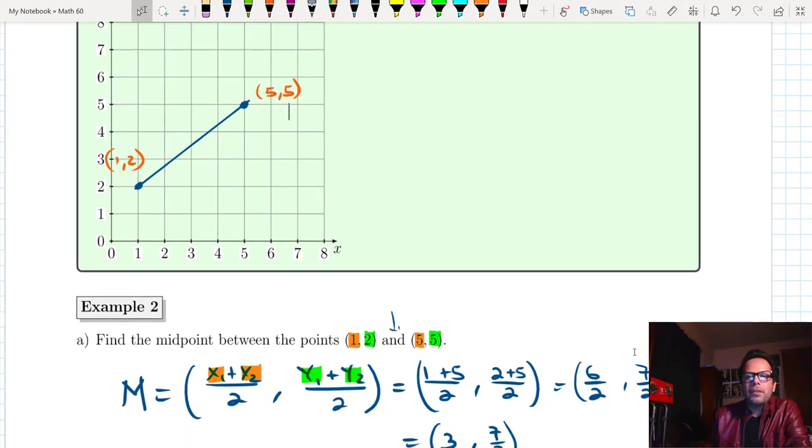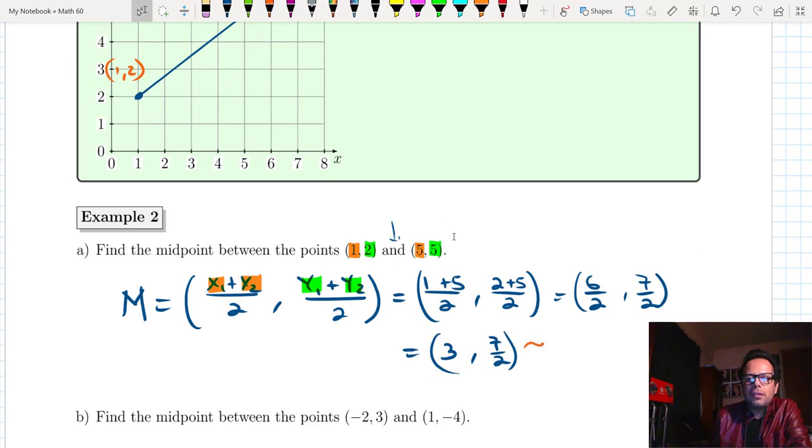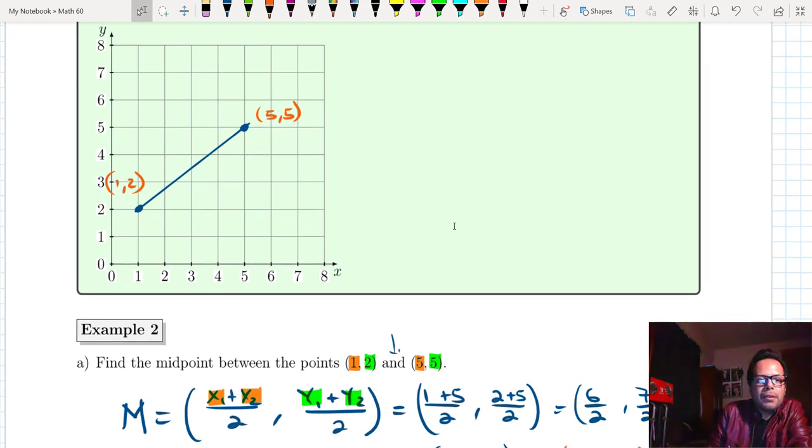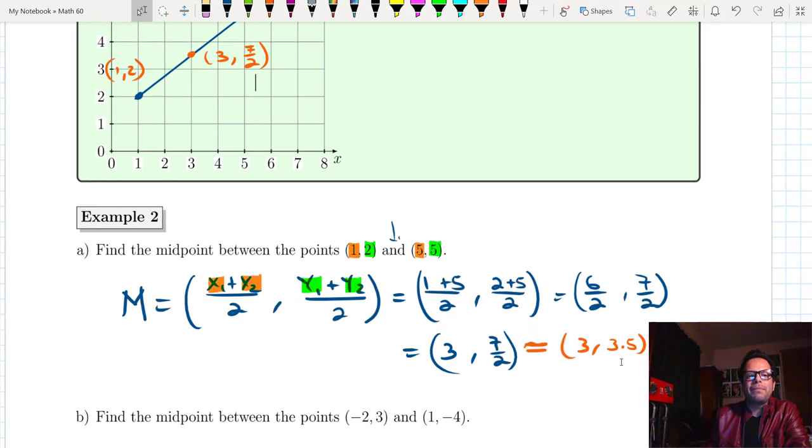So the midpoint, 3, let's use decimal, 7 divided by 2, that's 3.5. So the point, we go 3 comma 3.5. Isn't that the point exactly in the middle between 1 comma 2 and 5 comma 5? And that's what this represents.